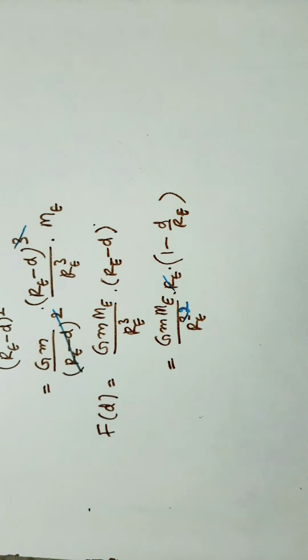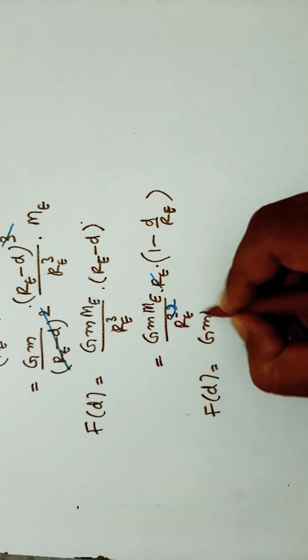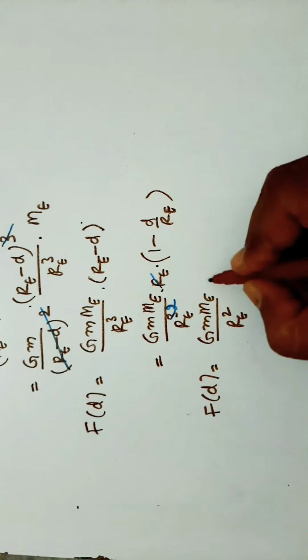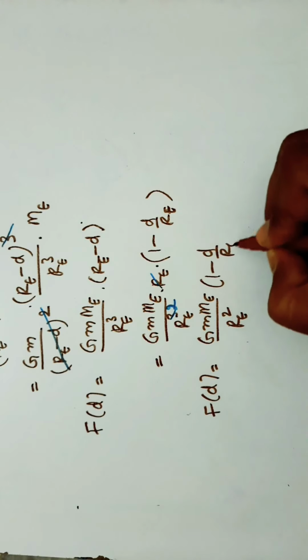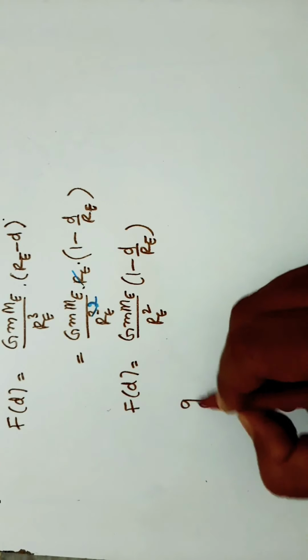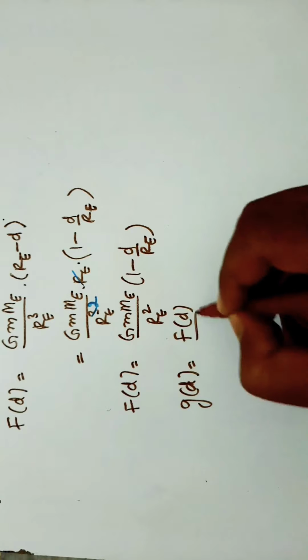So we can write F of D is equal to how can we write? G small m capital ME by RE square into 1 minus D by RE. So here g of D is equal to what? F of D by small m.